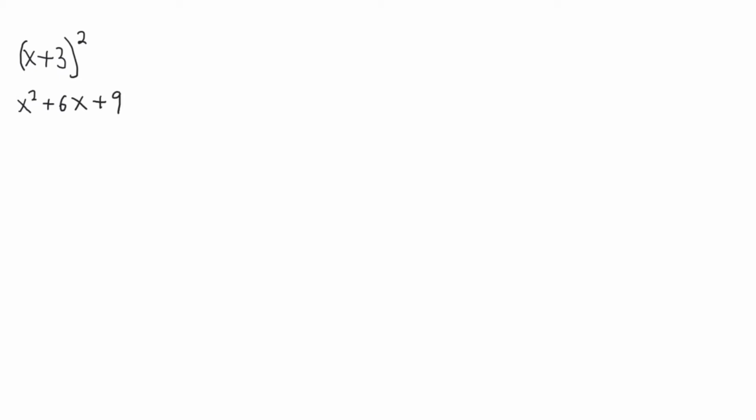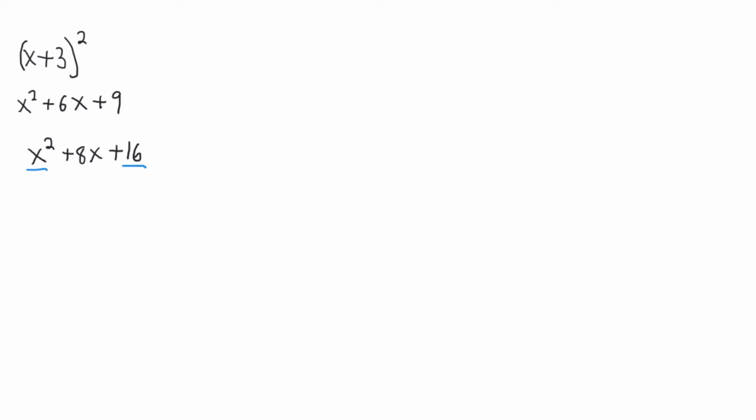And in the reverse, if I were checking if a trinomial is a perfect square trinomial, I would be asking myself the question, is the first term a perfect square and is the last term a perfect square? Well, in this case, yes. I have x squared, and the square root of 16 would be 4.